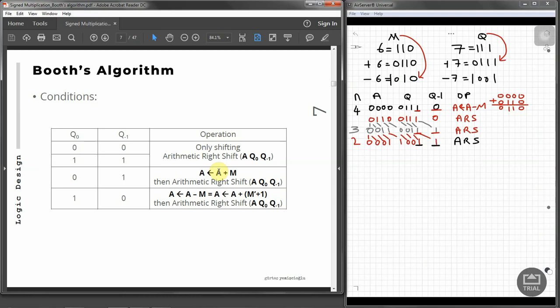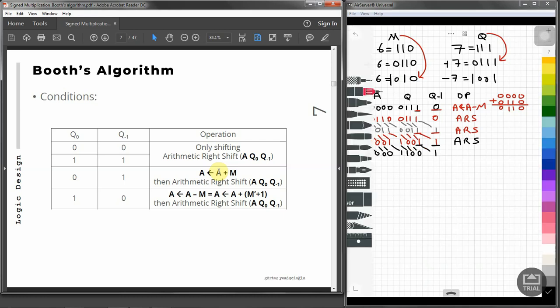So that means it's going to be 0 0 0 0 and then 1 1 0 0 and 1. Now that's our naive value after arithmetic right shift.